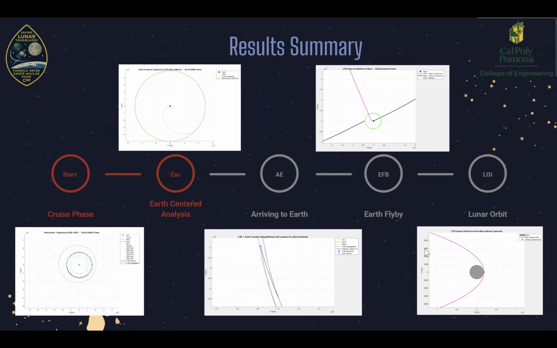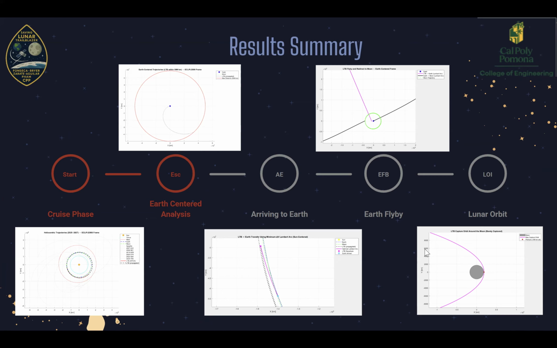As a summary here, you can see five of the main stages of the mission. First, we initially plotted all the positions of the celestial bodies around the sun in a sun-centered frame. This helped us later decide the porkchop plot that gave us the ideal time to do the maneuver, to change from the Lunar Trailblazer heliocentric orbit to the Earth orbit.